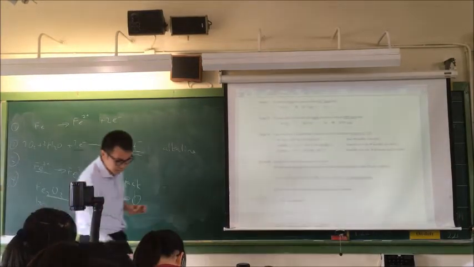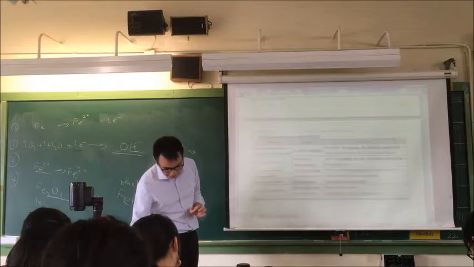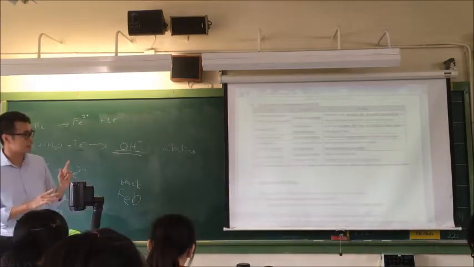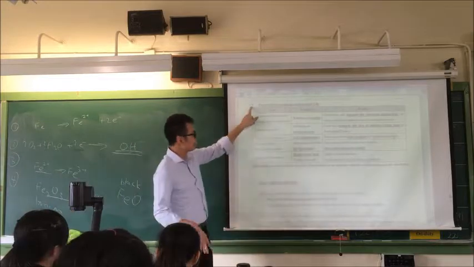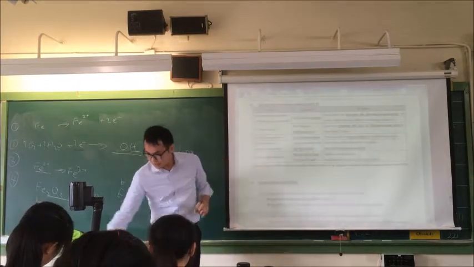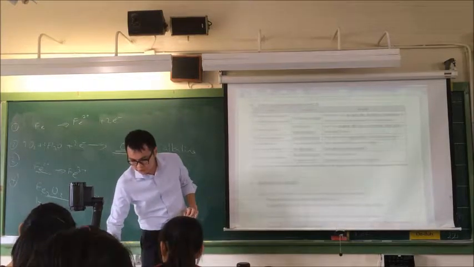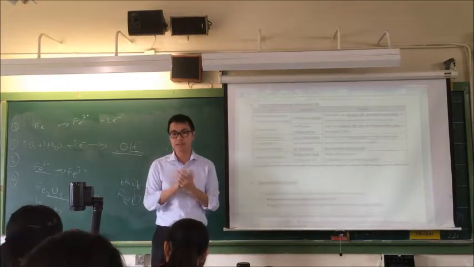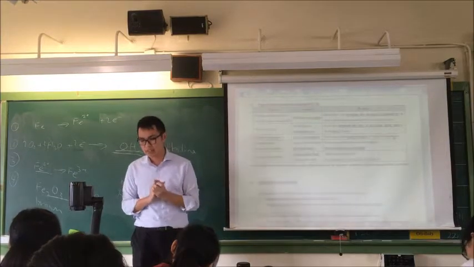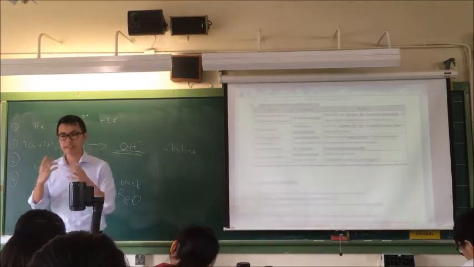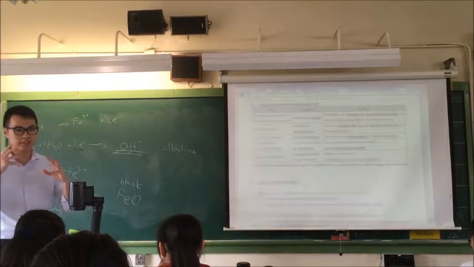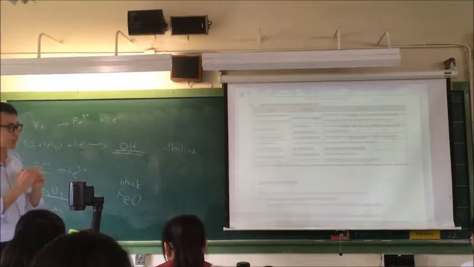Okay, so let's go to the content for this section. So it is page 40. I think it is 40. Okay, page 40. After learning the chemistry of rusting, we need to know some factors that will affect the rate or the speed of rusting.